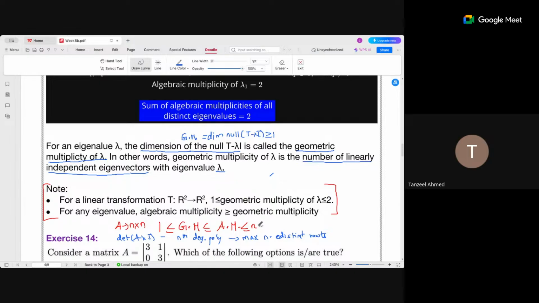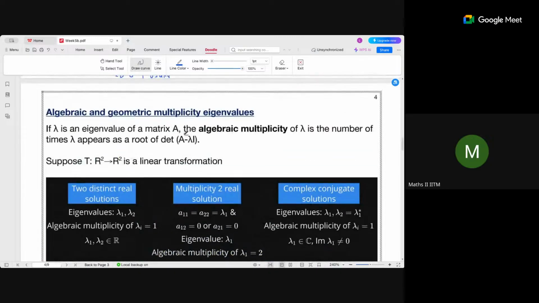Also, how were we defining this algebraic multiplicity? Can you please go over that again? Algebraic multiplicity is simply the number of times lambda appears as a root of the determinant of A minus lambda I, or in other terms, the number of times lambda appears as an eigenvalue of A. For example, let us say you have a 5 cross 5 matrix where the eigenvalues are 2, 2, 2, and 3, 3.